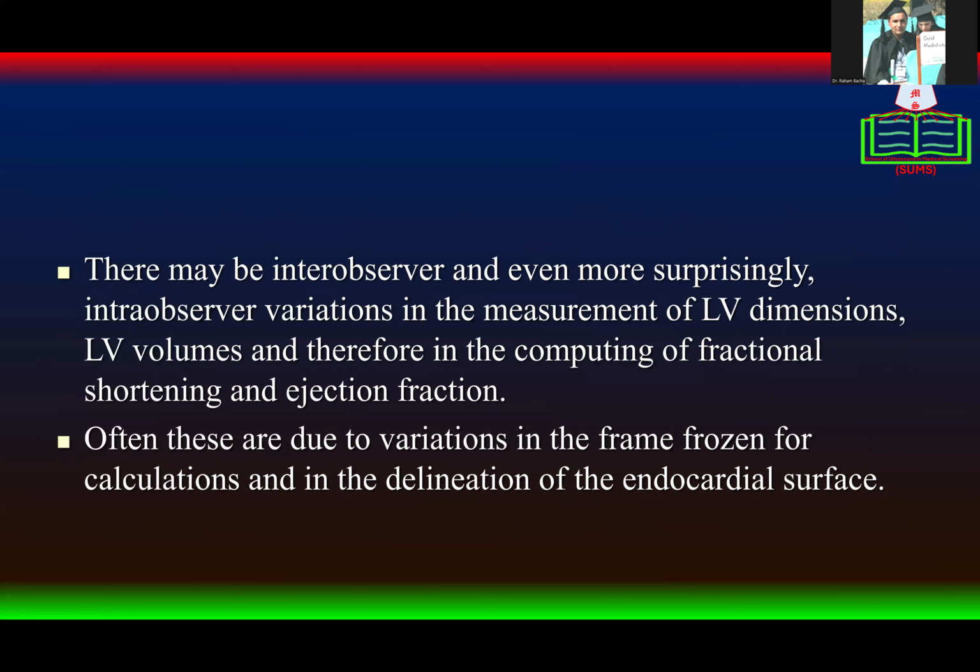There may be inter-observer or even, more surprisingly, intra-observer variation in the measurement of left ventricular dimension, left ventricular volumes, and therefore in computing of fractional shortening and ejection fraction. Often these are due to variation in the frame frozen for calculation and in the delineation of the endocardial surface.